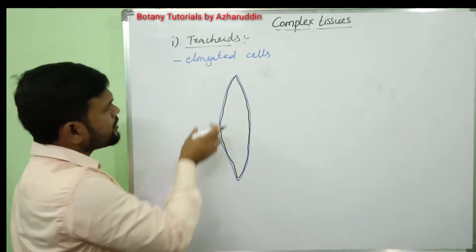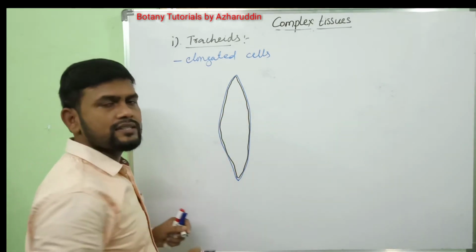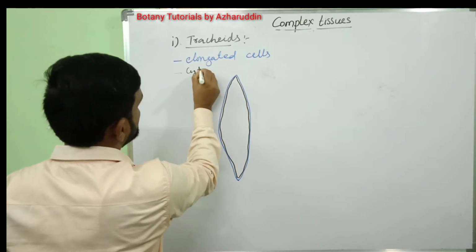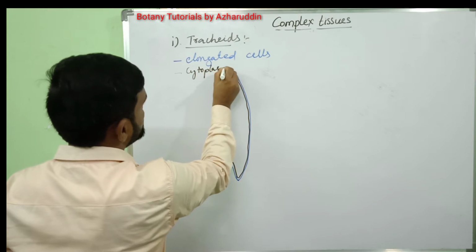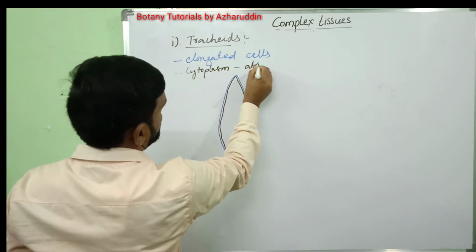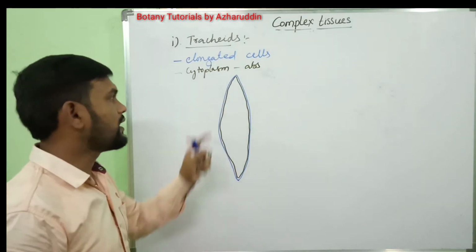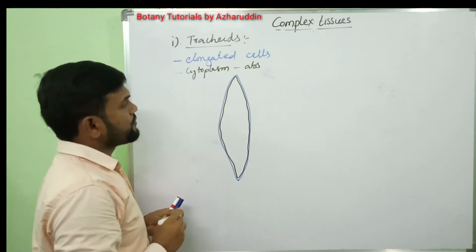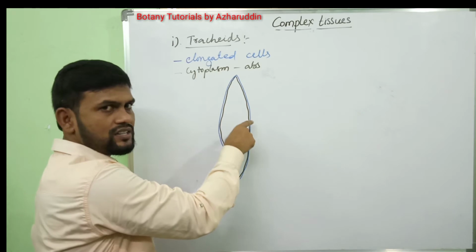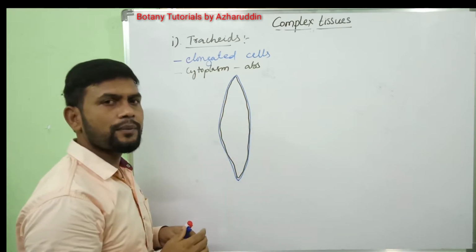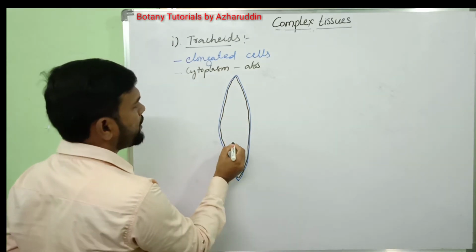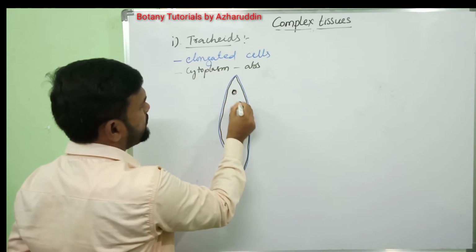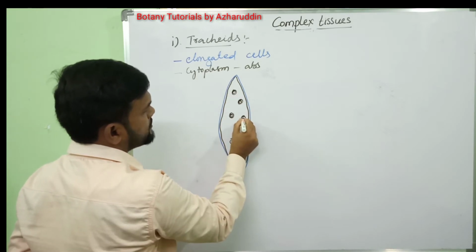Cytoplasm is absent in the cell. That's why tracheids are dead cells. On the walls of tracheids, bordered pits are present.